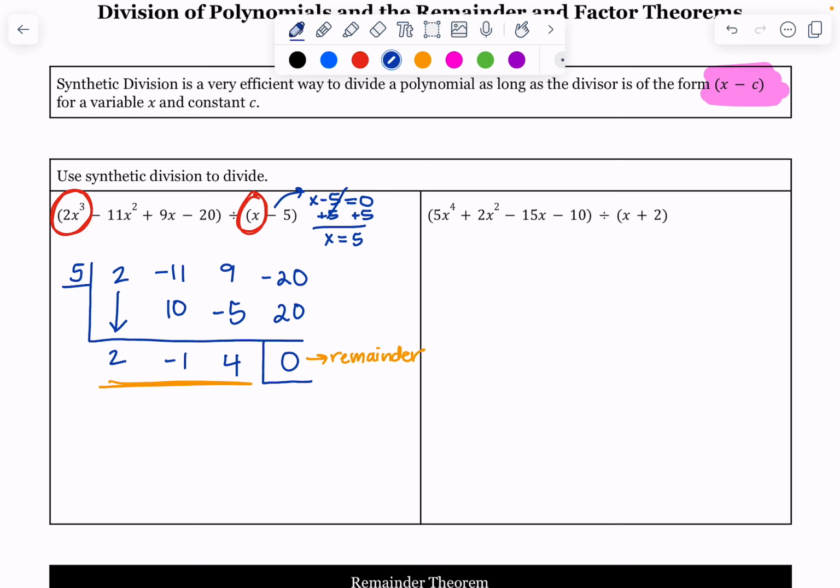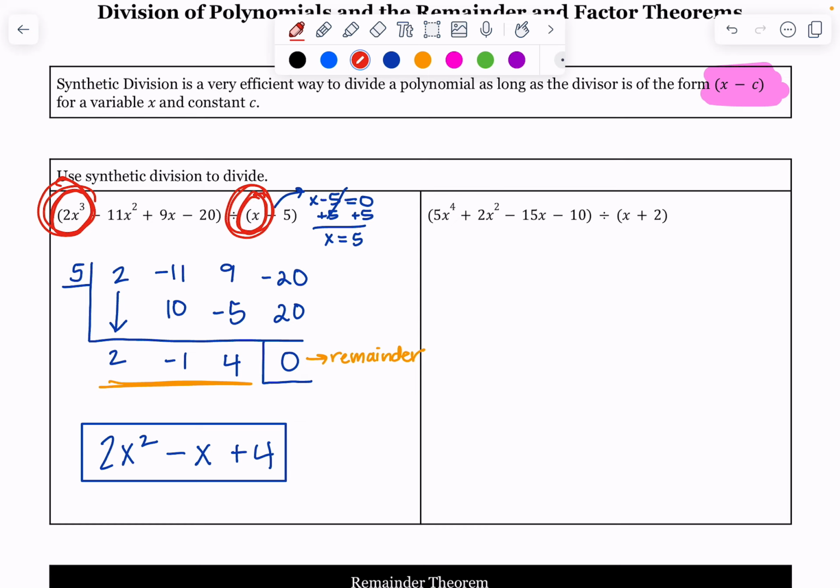So you're going to take 2x squared minus x, you could put a 1 there if you wanted to, plus 4. So this right here is our answer. So we saw that we started with an x cubed, we divided out an x, so I know that my polynomial solution is going to have an x squared in it to start.